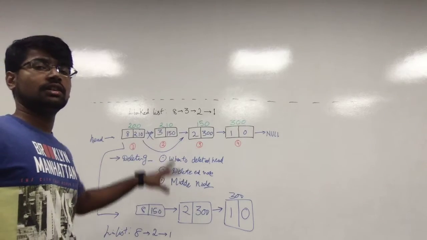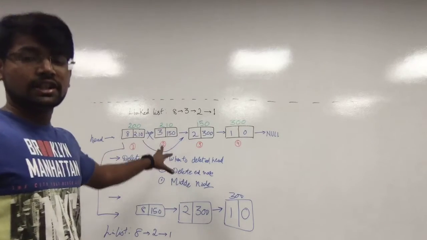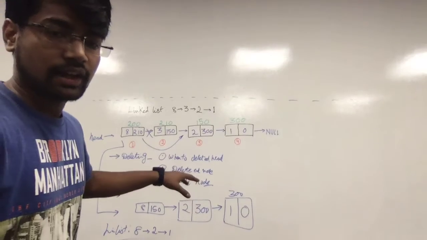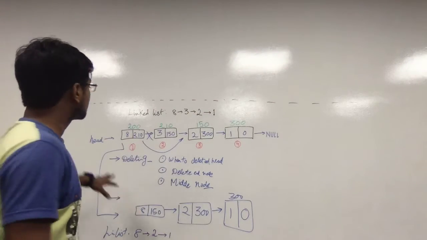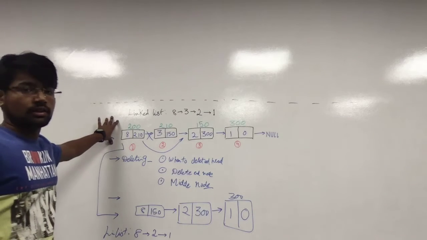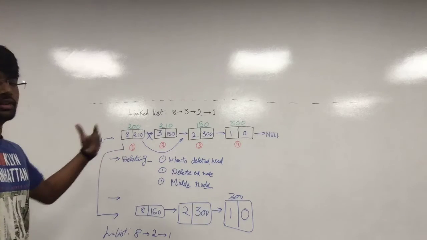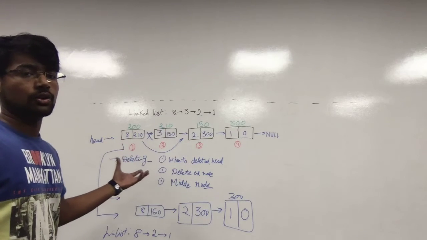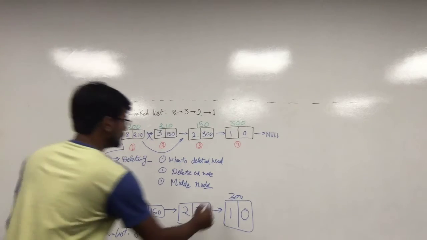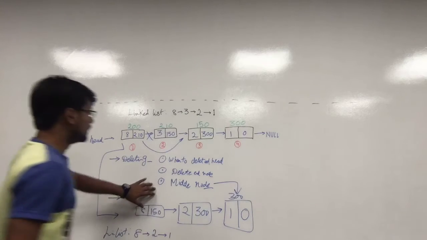But if you're using a C++ or C implementation, then you'll have to deallocate this memory, because we don't want the memory in the system occupied by unnecessary content that we don't want to use at all. So this was the case when we want to delete the middle node.